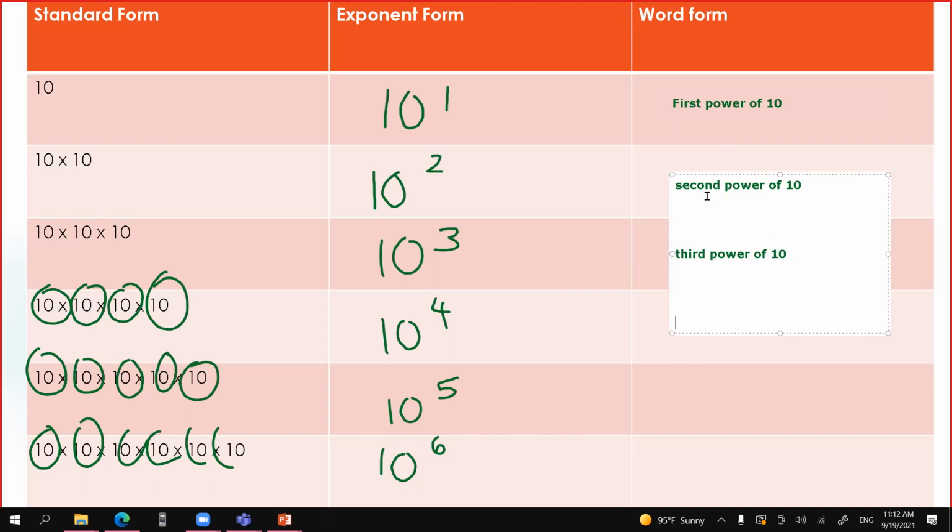Then here, fourth power of 10. And then here, fifth power of 10. And the last one here, we have sixth power of 10. Got it?